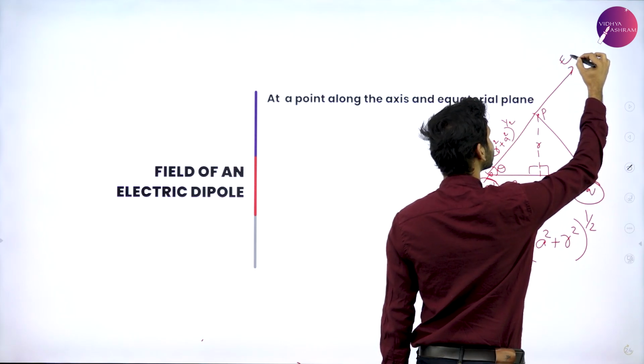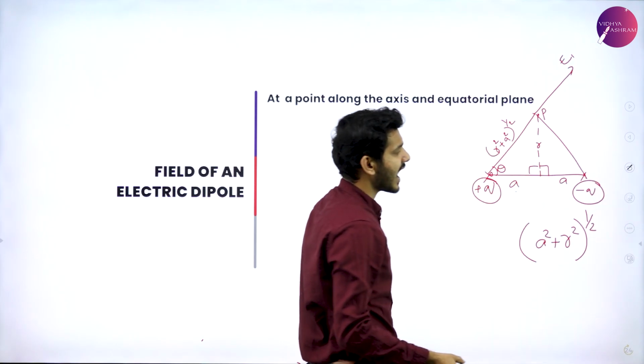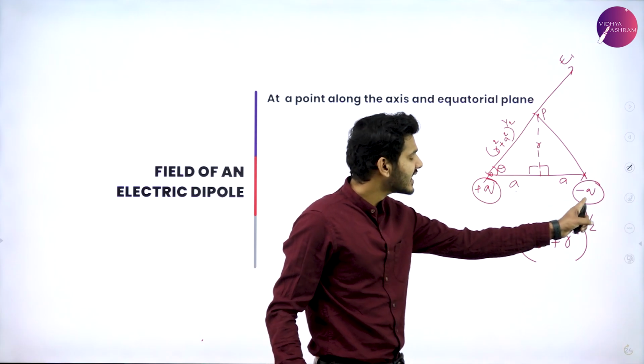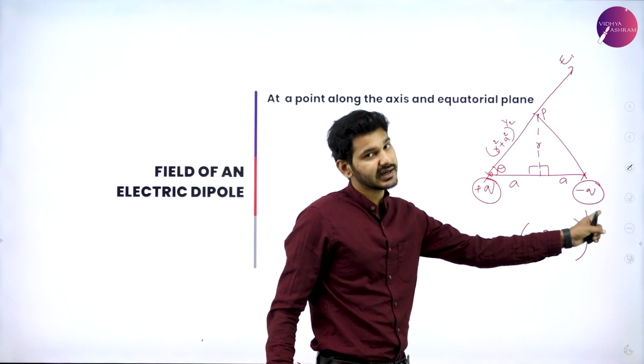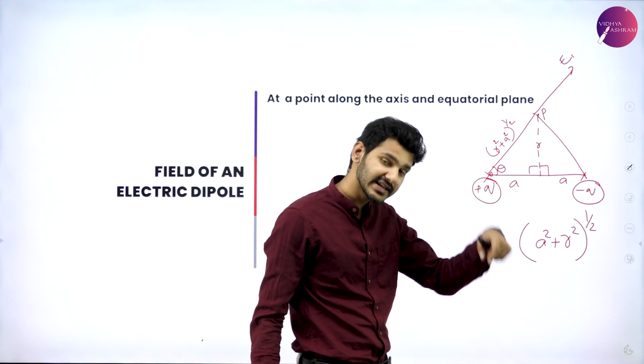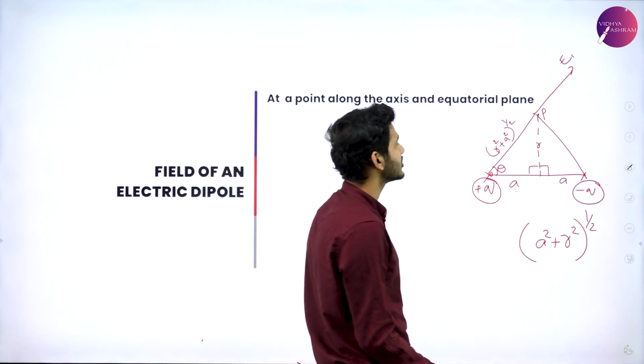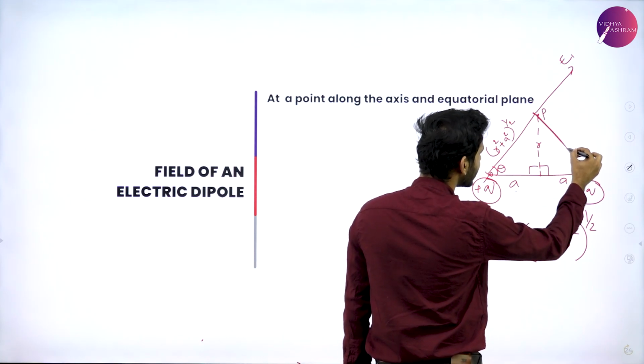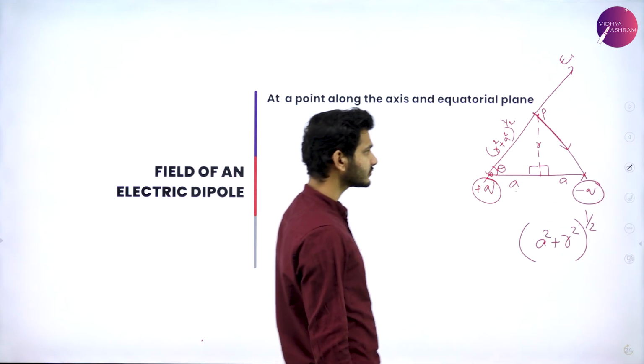So we'll mark this as E1. And we know that the electric field lines due to a negative charge will be directed inwards, so the electric field will be coming in this direction.